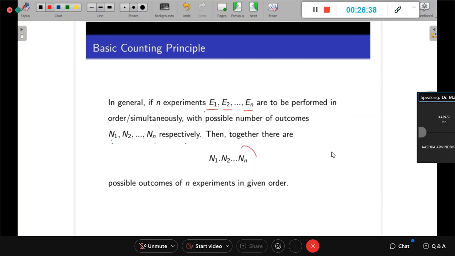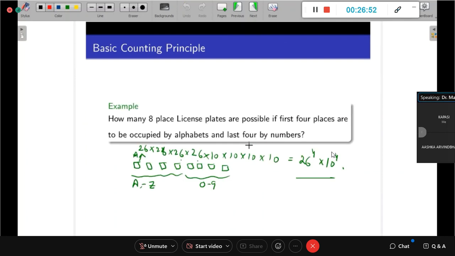Then together there are n1 into n2 into and so on possible outcomes. So here it is happening simultaneously. This is why it is the product rule. Now let's take this example here.